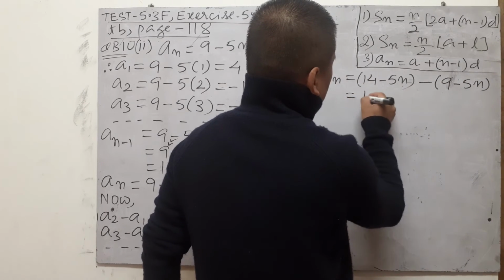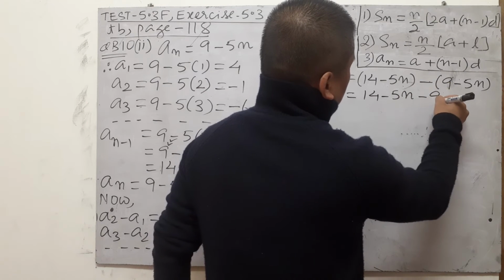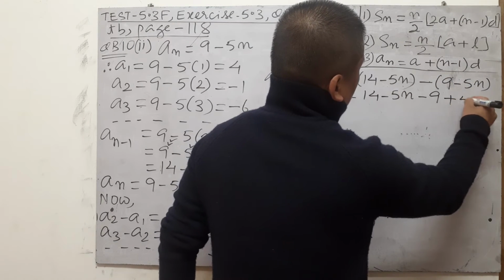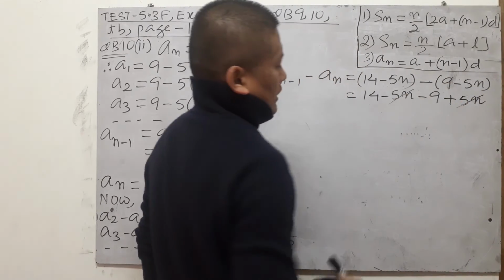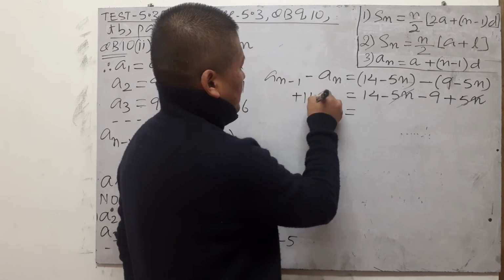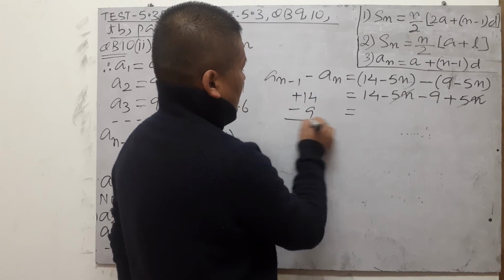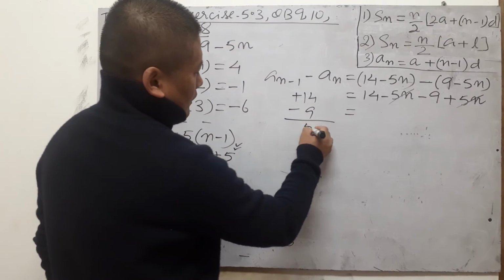If we solve this, then 14 minus 5n, minus into plus is minus 9, minus into minus is plus 5n. So the bracket gets removed. Plus 5n minus 5n, 0. So we're left with 14, no sign means plus, and here minus 9. So plus minus means subtraction. 14 minus 9 is 5.